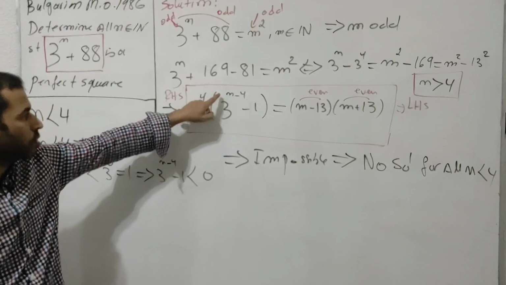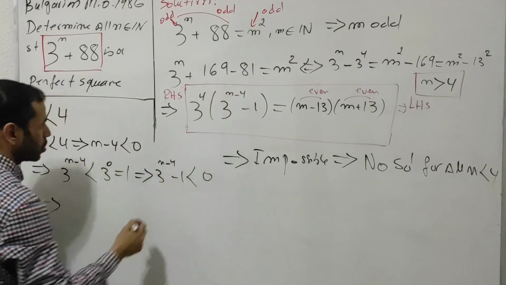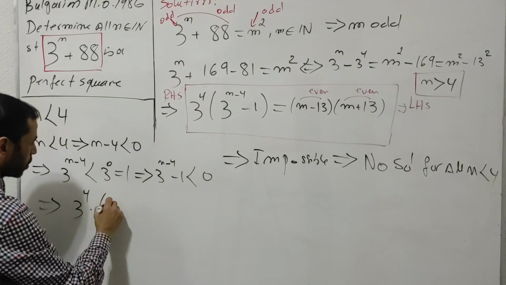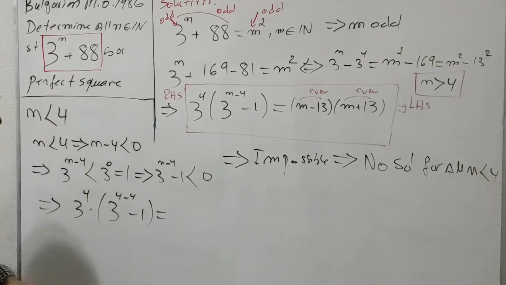The last case, when n equals 4, I'm going to plug the number 4 into this exponent to see what it gives us. 3 to the 4 is multiplied by 3 to the 4 minus 4 minus 1. I'm going to simplify this one more.